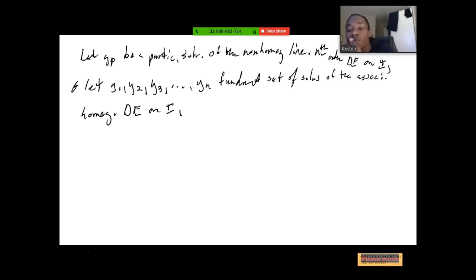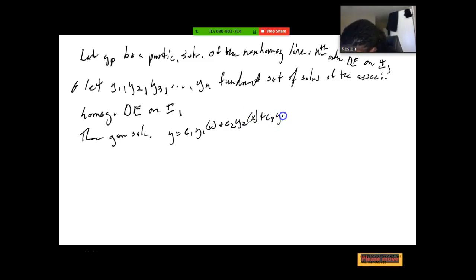So, if that is the setup, then here's the conclusion. Then the general solution of the differential equation on that interval is y equals c1 y1 of x, plus c2 y2 of x, plus c3 y3 of x, plus ... plus c sub n y sub n of x.